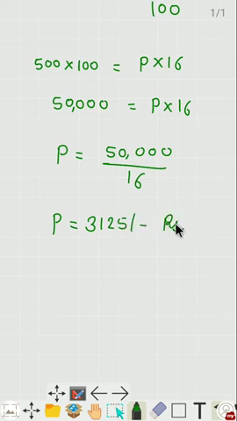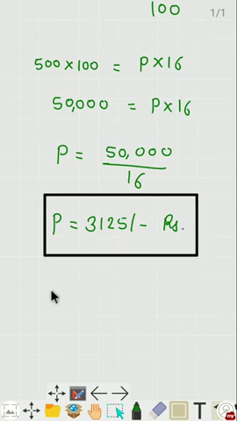Okay, so this is our answer in the first case. Principal amount is 3125 rupees. So if we invest 3125 rupees for 1 year with the rate of interest 16 per annum, then we get simple interest of rupees 500.